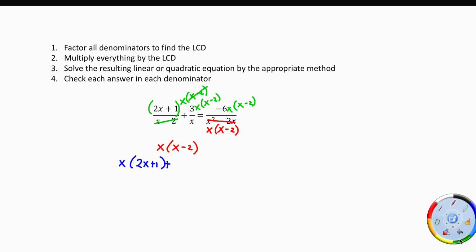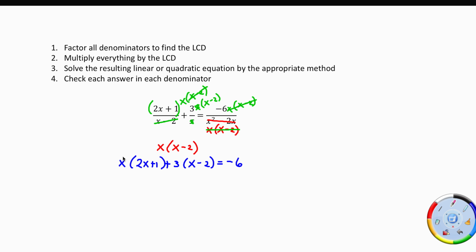In the second term, the x gets to divide out, which just leaves 3 times x minus 2. And again, in the last term, the x and the x minus 2 get to divide out, which just leaves the negative 6.